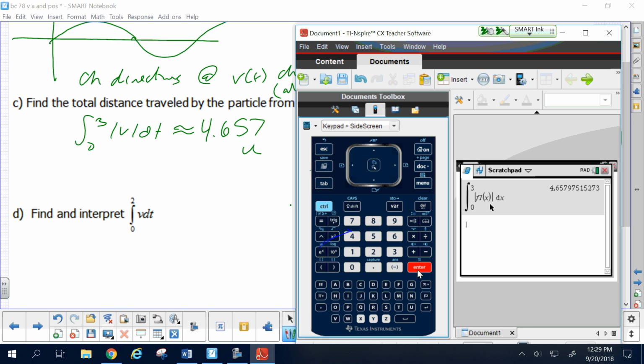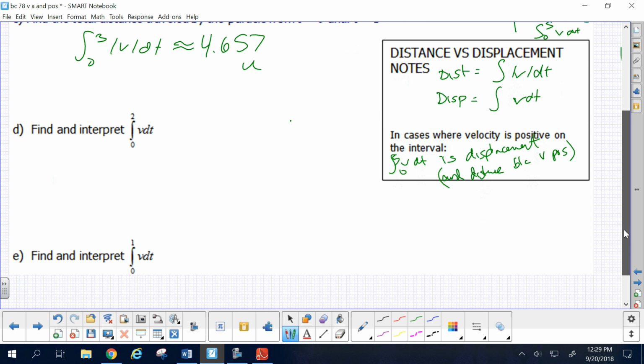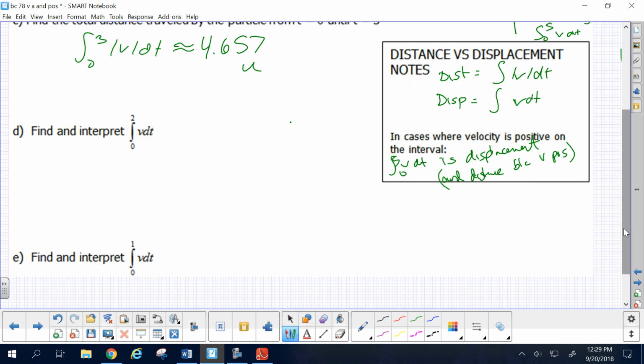Now find and interpret the integral from 0 to 2. Good question. You guys muffed a question on the final exam that had to do with exactly that. One of the distractors used the initial condition and one of them did not, and a lot of people missed it.